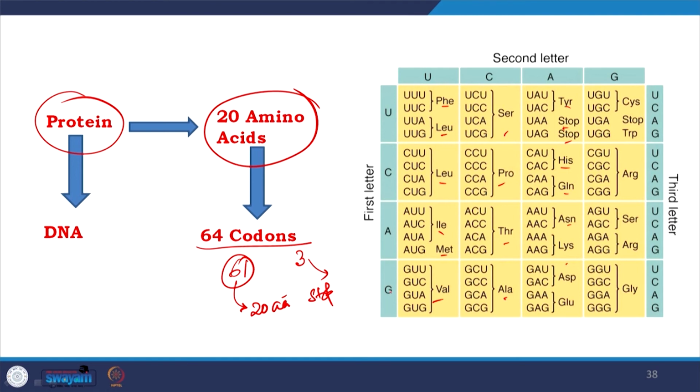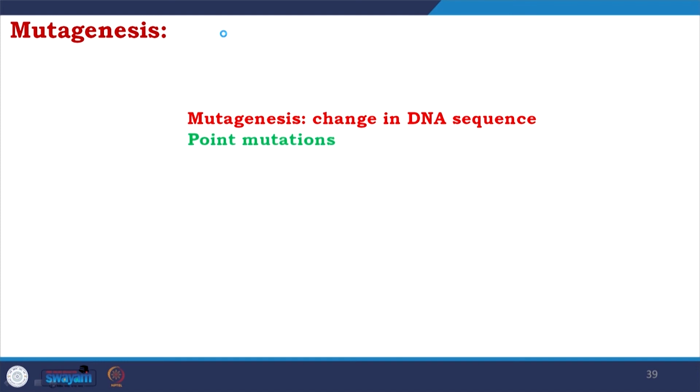Further, we will work on modification of the DNA, because in biology the only change which goes further is DNA, as we have discussed in previous classes. So, we have to perform mutagenesis. Mutagenesis is the change in the DNA sequence; it might be a point mutation, it might be a large modification.